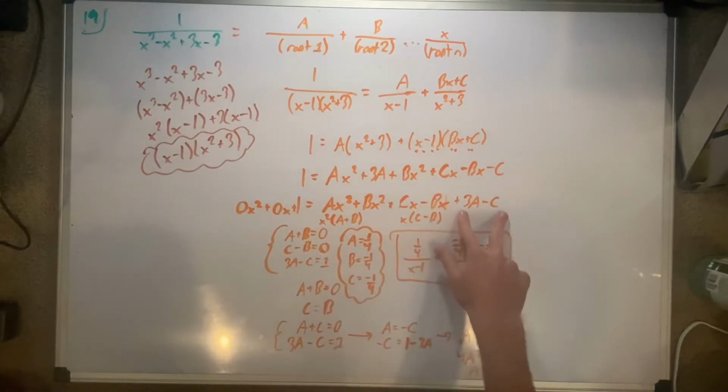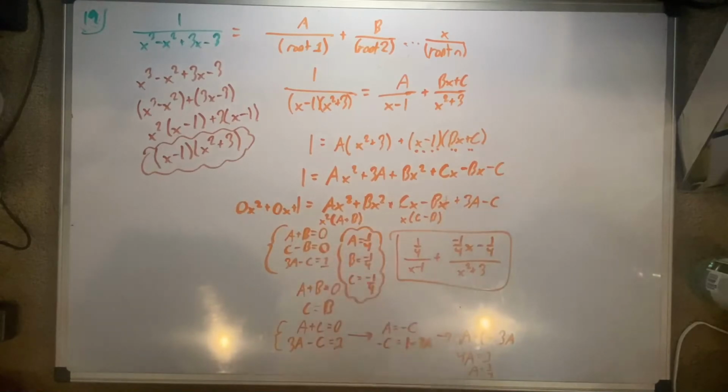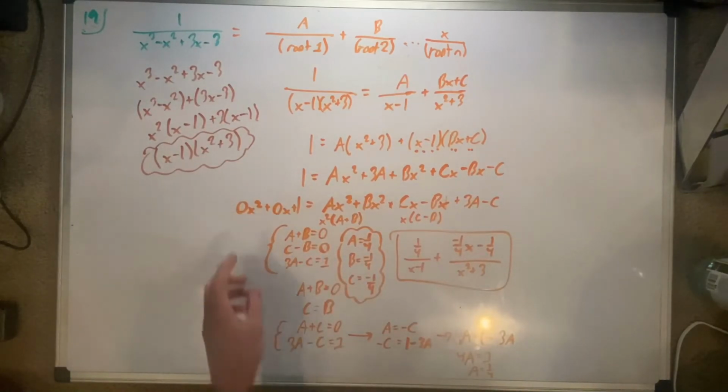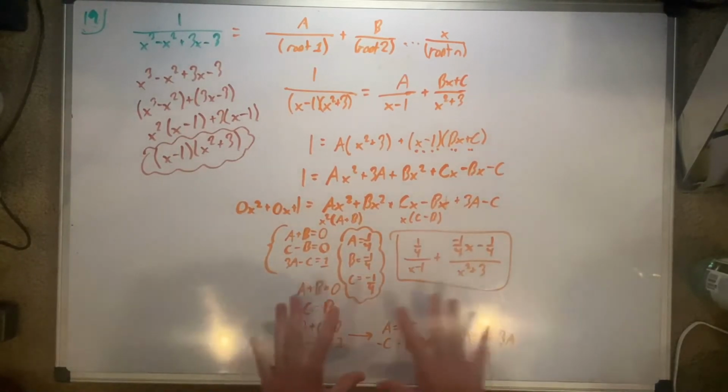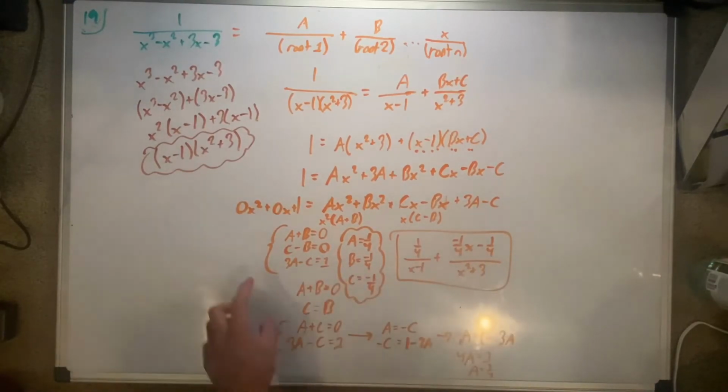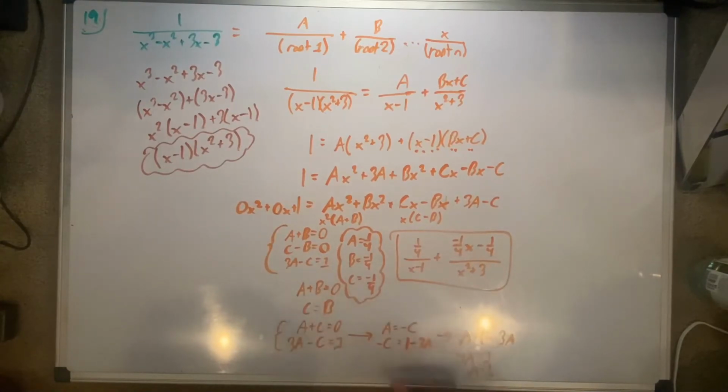And I know that the constants must add to equal the number 1. And then I just solved the system that comes out of that. Now, you could have gone 50 different directions with that math, but this is the direction I went to solve that system.